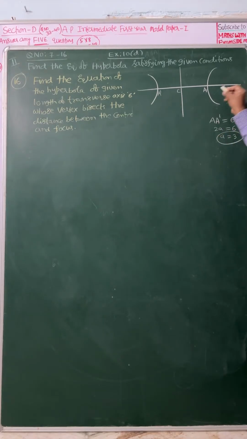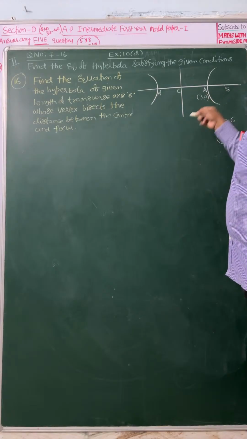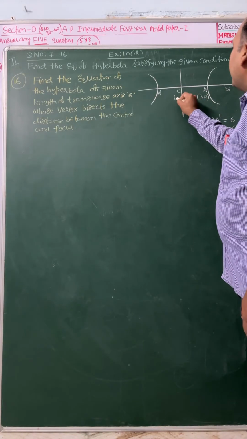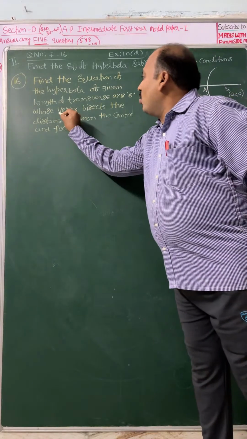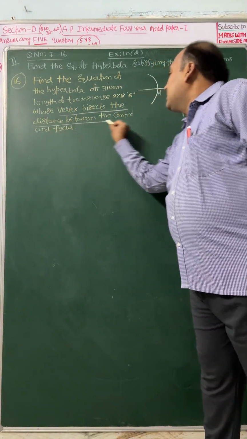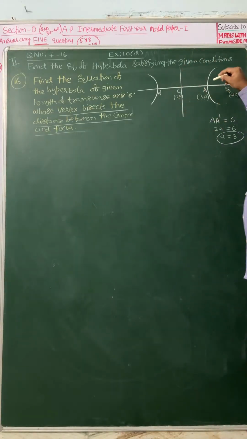Whenever it is a transverse axis, A has coordinates (3, 0). Center (0, 0). The focus is (ae, 0), we don't know that value ae. That is the reason we are taking (ae, 0). Here, the vertex bisects the distance between center and focus.